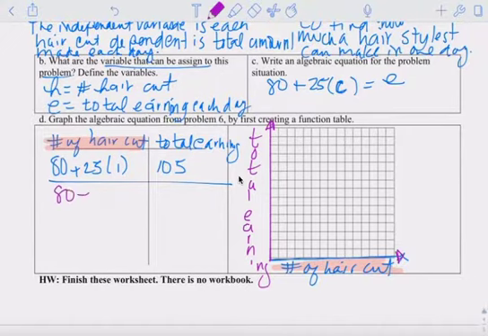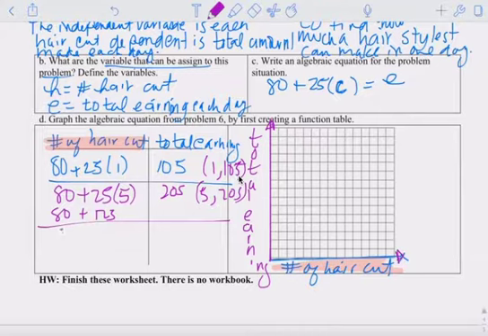So 80 plus $25 for each haircut. Let's say you cut 5 hairs that day. That's $125 plus 80, so $205 for that day. So this ordered pair is 1 and 105, and this is 5 and 205.